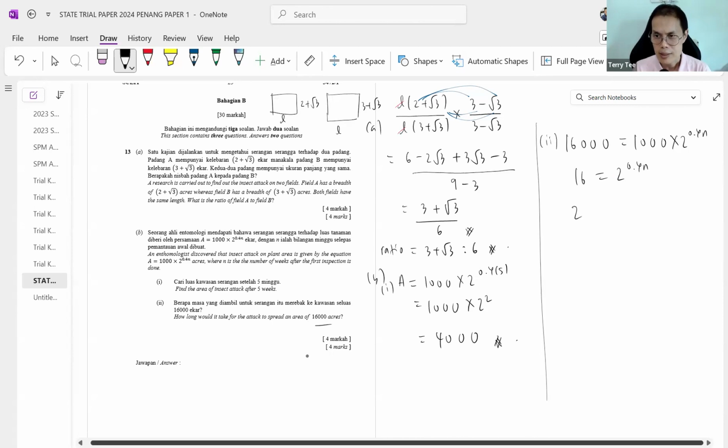Now, 16 itself is 2 to the power of 4. When you compare them, you get 4, right? So n is 4 divided by 0.4. When you divide by 0.4, you switch the decimal point. It's basically 40 divided by 4. n is 10. You can use a calculator, yeah? Okay.